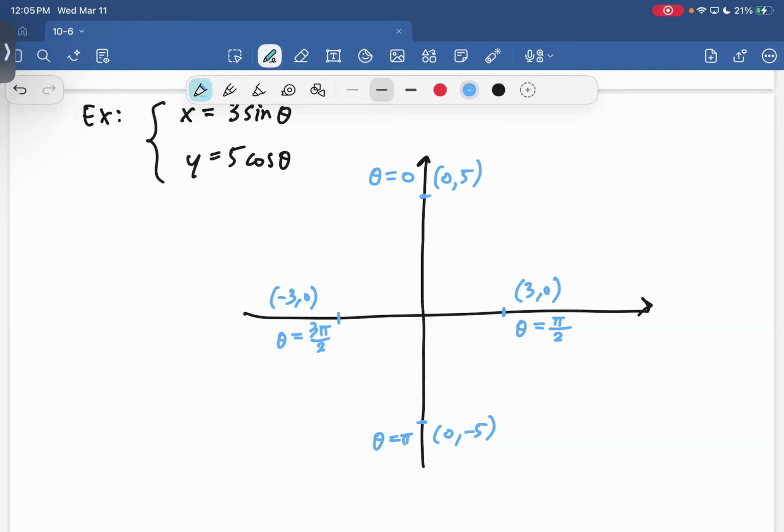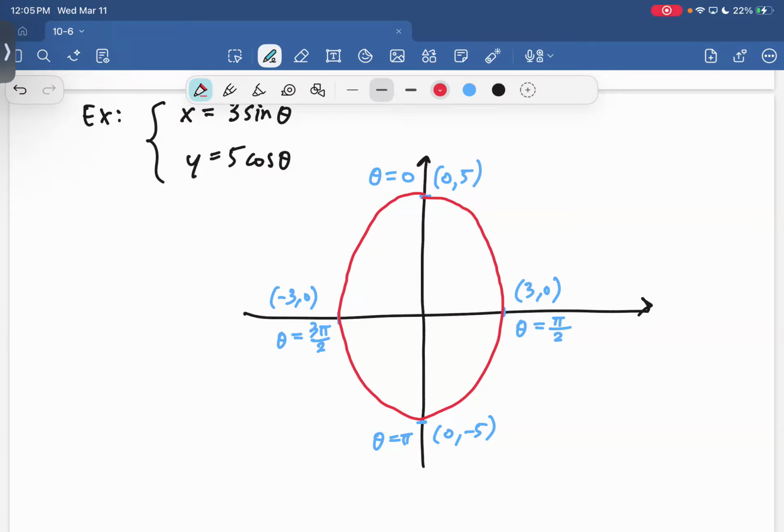And so if you connect the points together, we get an ellipse, right? We're plugging in theta equals 3 pi over 2. So sine 3 pi over 2 is -1, and cosine 3 pi over 2 is 0. So that's -3 and 5. How did you know to do that? You just plug in useful values of theta.